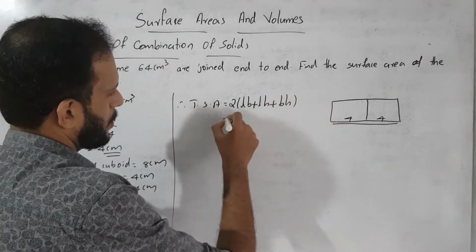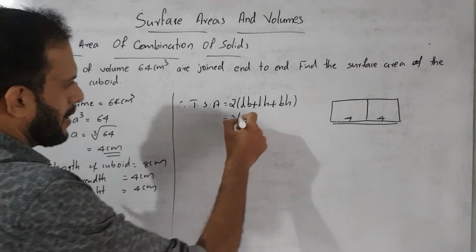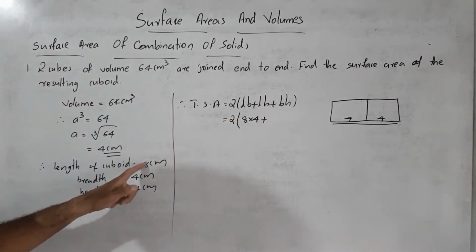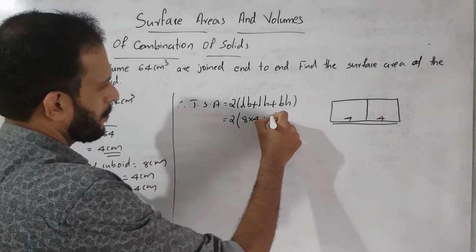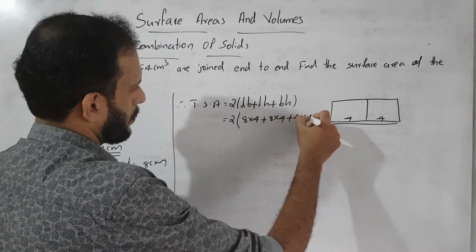Then it is equal to 2 into (L is 8) 8 into 4, plus LH, again 8 into 4, plus BH, B and H are 4 and 4, so 4 into 4.